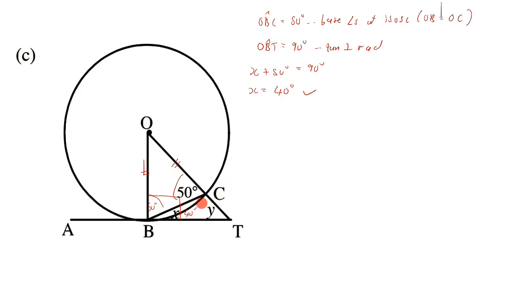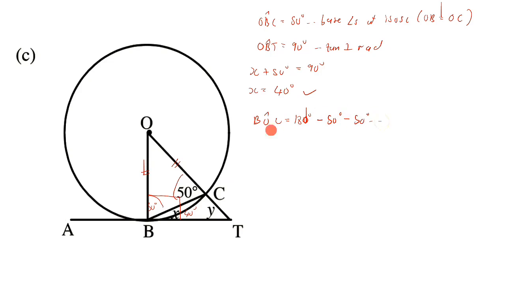Now looking for y, we can see that if we want y, we can just start by calculating this angle here, right? So we have 50 degrees and 50 degrees, and then what is angle BOC? So angle BOC will be equal to 180 degrees minus 50 degrees minus 50 degrees.